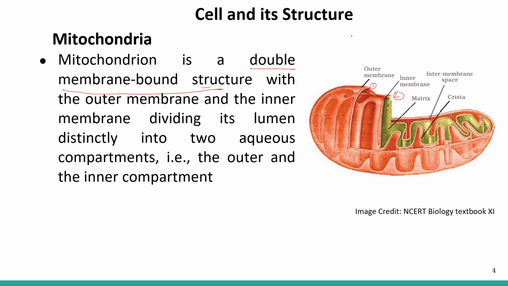If I draw a cross section of a mitochondria, we have a structure like this. These are the invaginations of the inner membrane of the mitochondria, and these invaginations are called cristae.